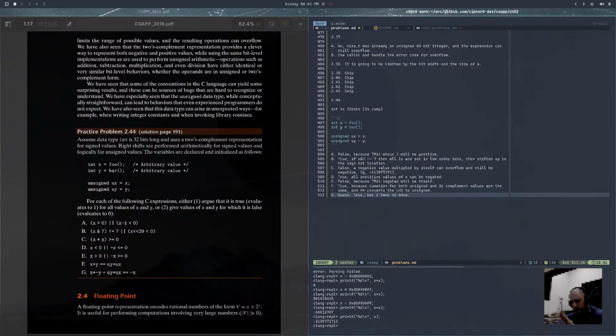Yeah, that's true. So if we go back to the problem, so that's going to be x times negative y minus 1. ux times uy equals x times y.